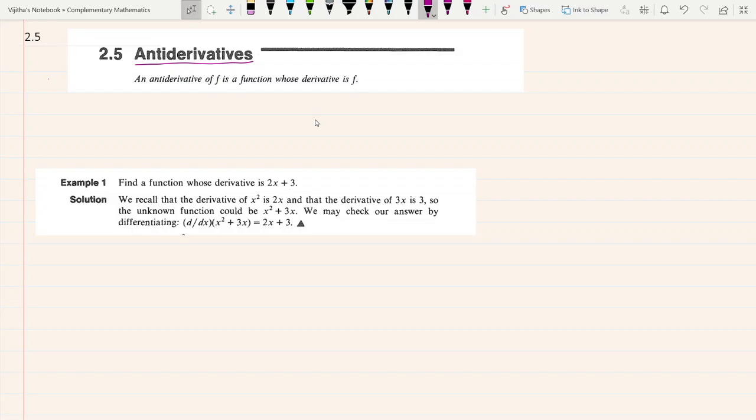Now we will move on to the term antiderivative. Anti means just the opposite of derivative. So an antiderivative of a function f is a function whose derivative is f.